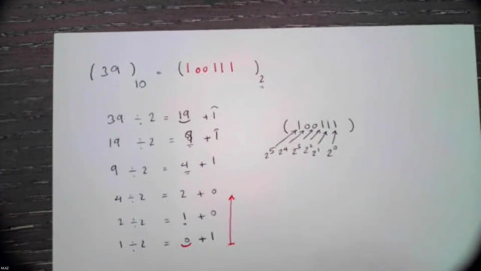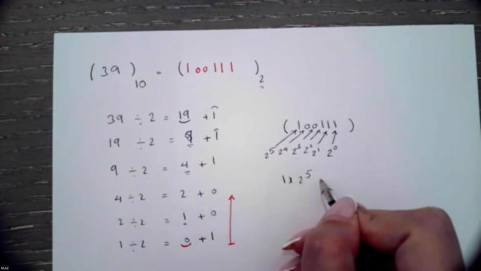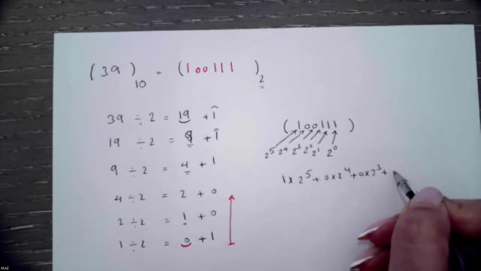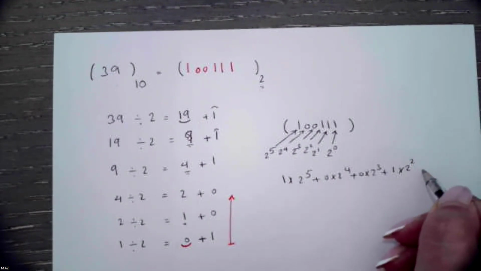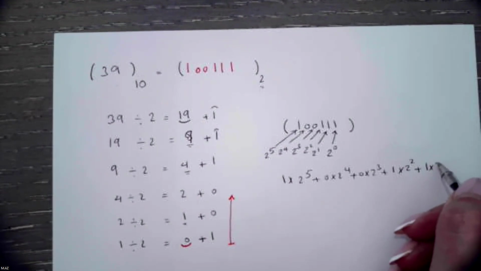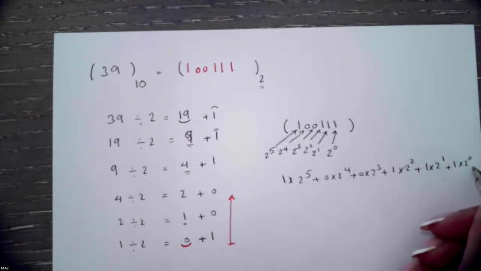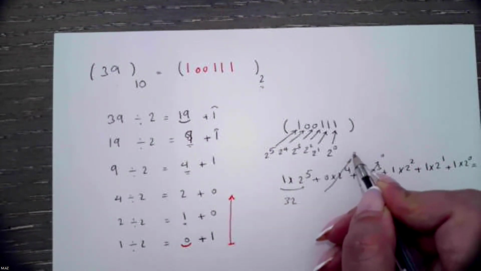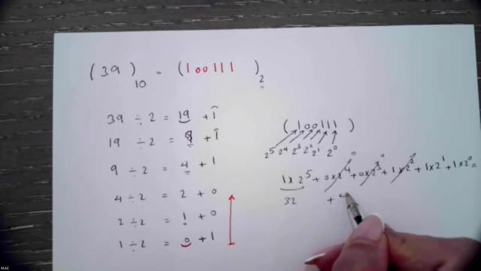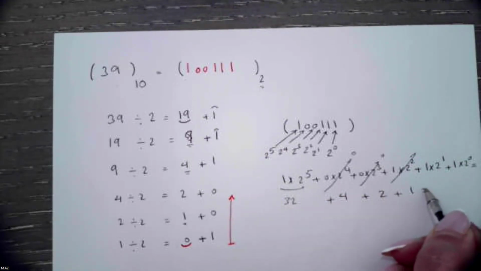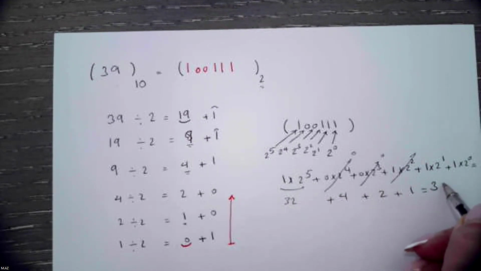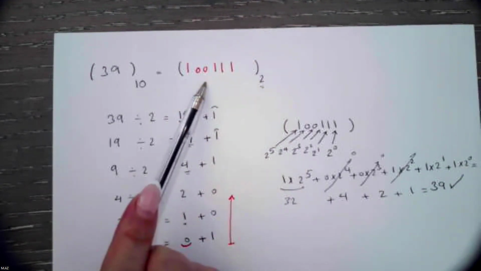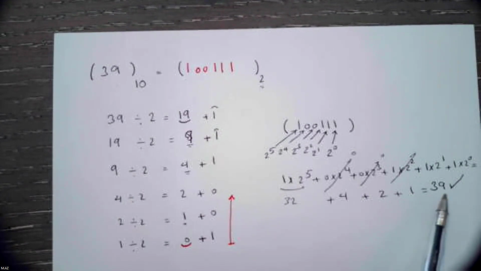If we write 1 times 2 to the power 5, and so on, up to 2 to the power 2, and calculate, this is 32, this is 0, this is 0, this is 4, 2, and 1. When we add them together, the answer becomes 39. It means this binary number represents the number 39.